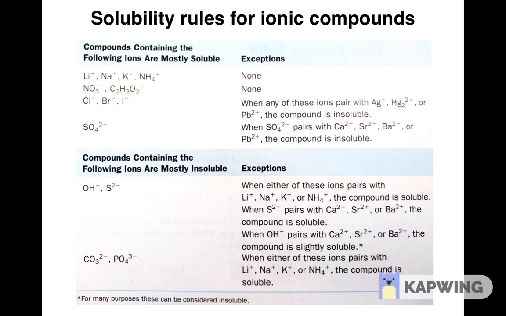Most notably, when the polyatomic anions in these compounds are paired with cations that always cause an ionic compound to be water-soluble, Li+, Na+, K+, or ammonium NH4+, the resulting compound will be water-soluble. In addition, calcium sulfide, strontium sulfide, and barium sulfide are also water-soluble.